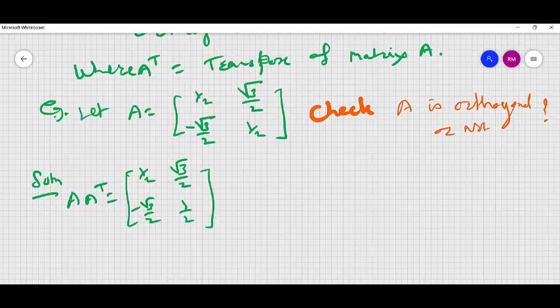And now see the transpose of this matrix. The first row becomes first column: 1 by 2, root 3 by 2.